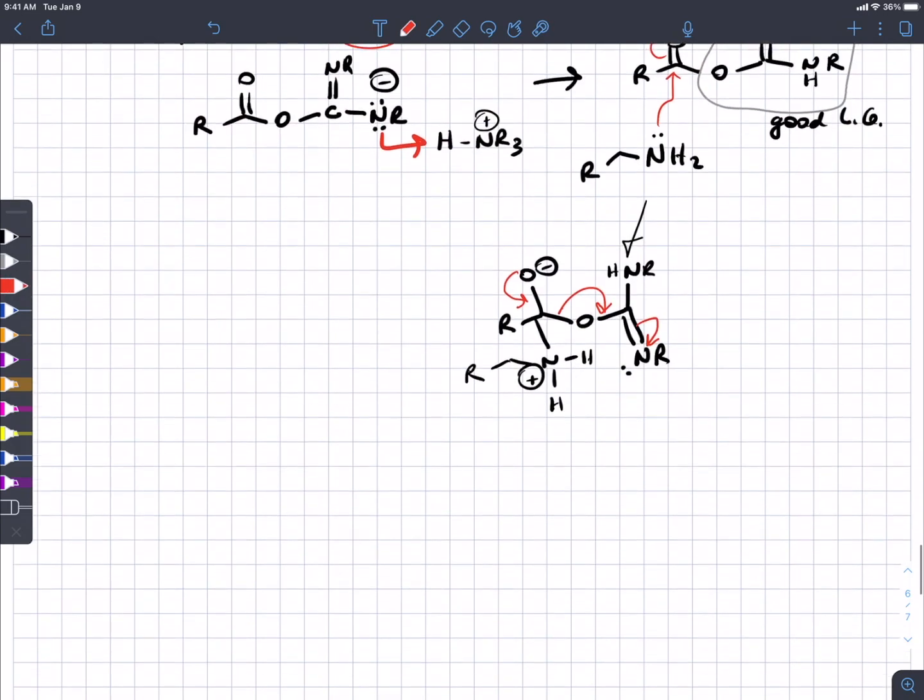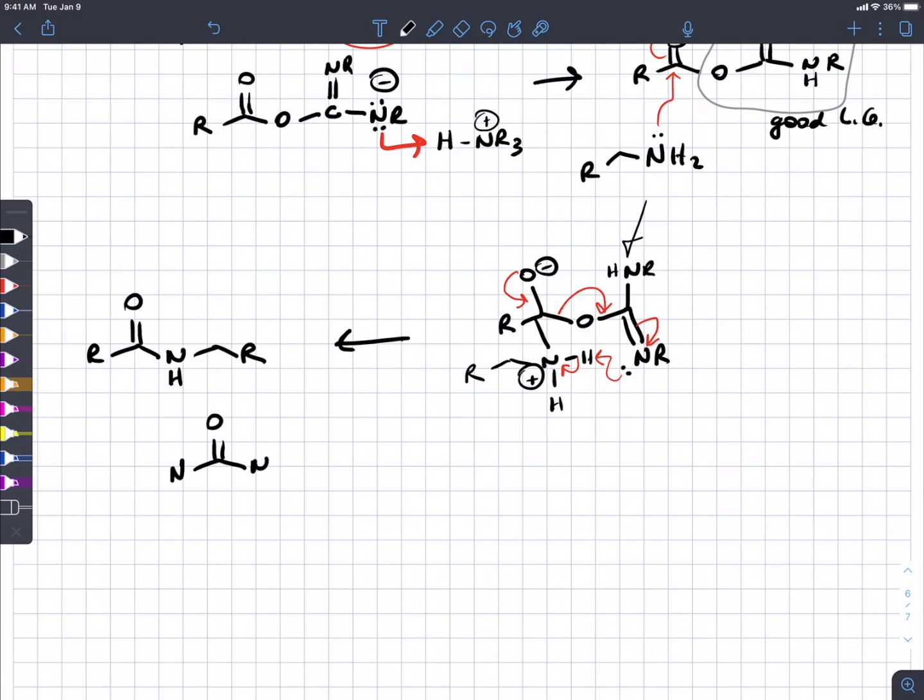And six-membered ring transition states are pretty favorable. So it's actually permissible for us to have the leaving group leave and pick up a proton from the positively charged nitrogen, all in the same step.